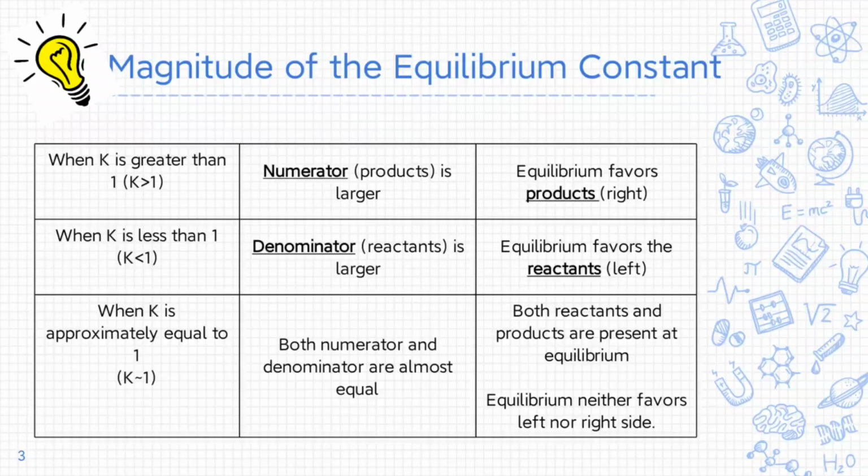Or pwede mo ring i-observe, kapag before you compute the actual equilibrium constant value, observe mo rin na when the numerator or yung product side is larger, di ba? Yun nasa taas. Pretty much, you're pretty sure na your equilibrium will favor the right side or yung products mo.